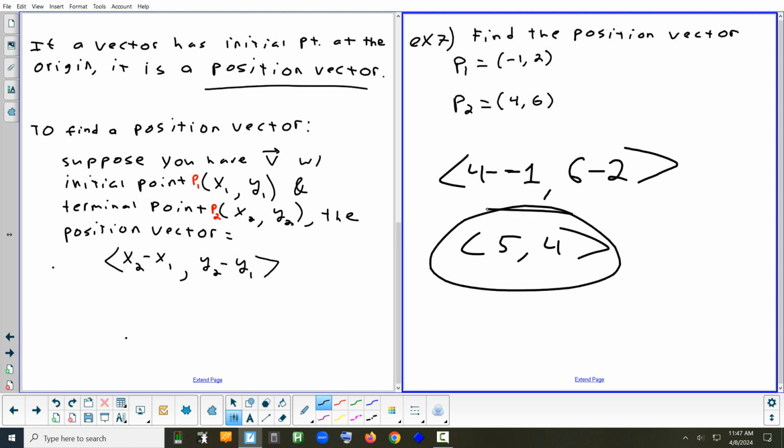That's the vector. Okay. Any questions on that? That's it. That's how you find a position vector.